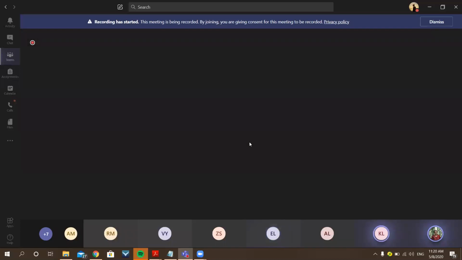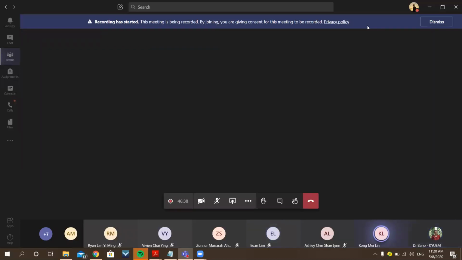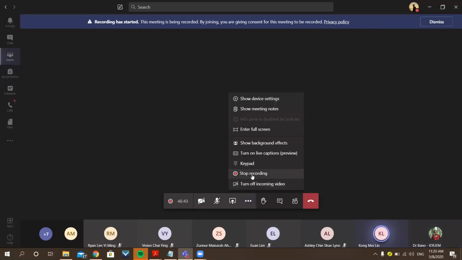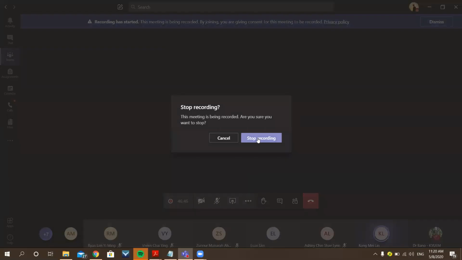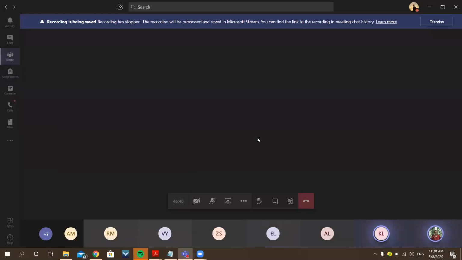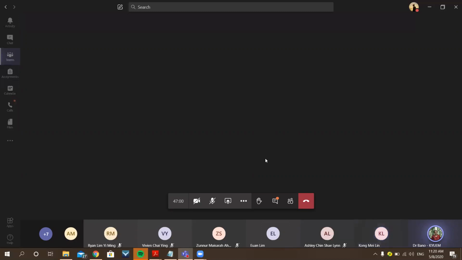Correct? So therefore, r is equal to the square root of x square plus y square, and r is always greater than 0. This is something you will always remember.